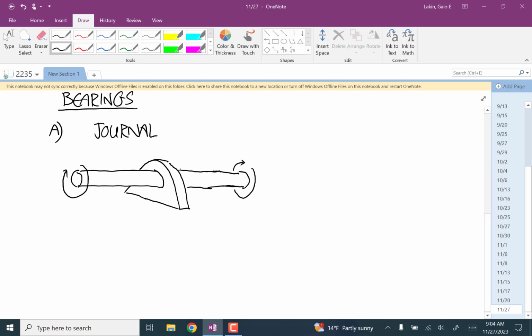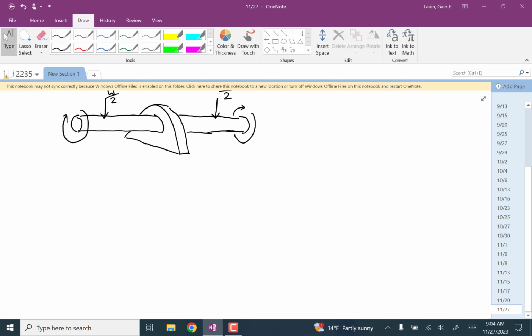And there is a force, like a weight, being applied to this axle. We can imagine that it's a total weight of W, but we can split it up so it's symmetrical. Okay, so that's a journal bearing.